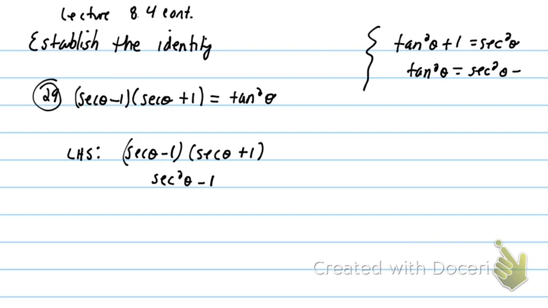Tangent squared theta is secant squared theta minus 1. And so then you can say, well, this is tangent squared. That's it.